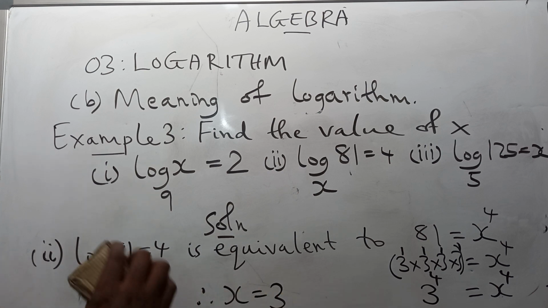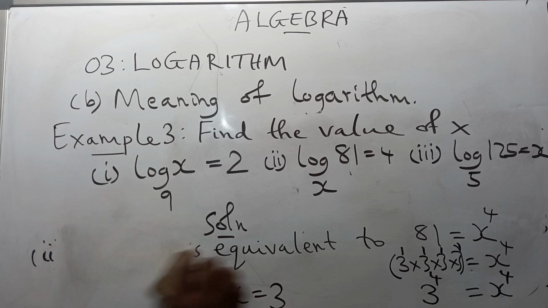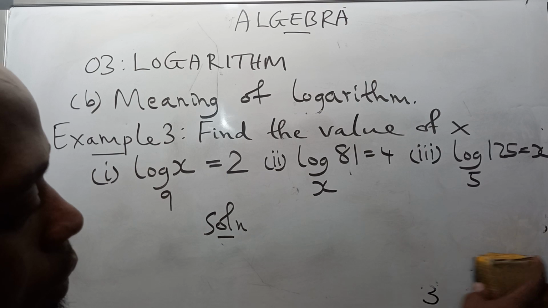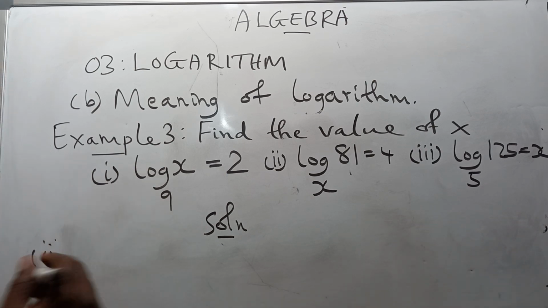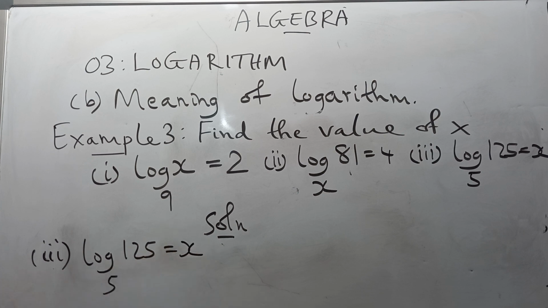Okay, let's look at part 3. Log of 125 to base 5 is equal to x.